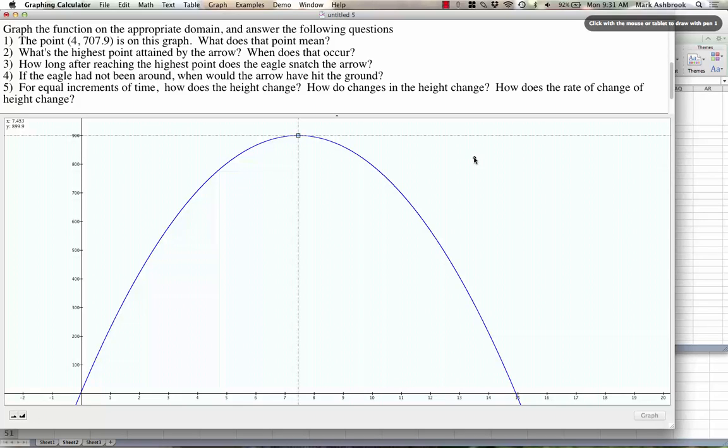So the highest point occurs at x equals 7.45, and the eagle catches the arrow at 13.11.